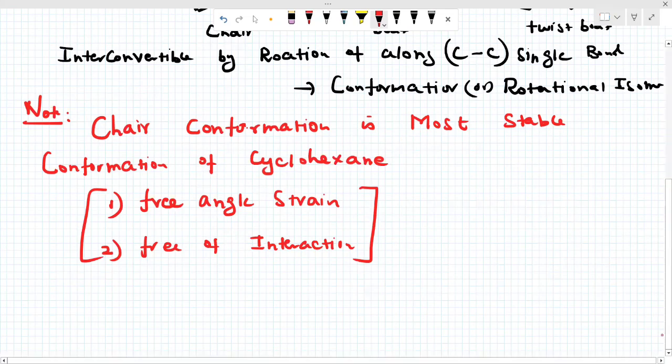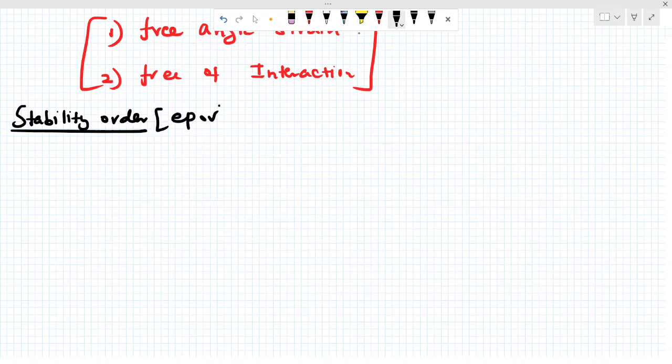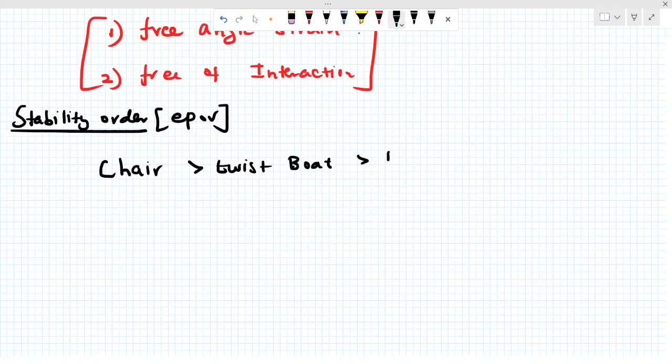Now note the stability order of cyclohexane. Please note, this is very important from the exam point of view. They will ask it in MSc level entrance exams. The chair form is the most stable, then the twist boat, next the boat form, and finally the half chair.